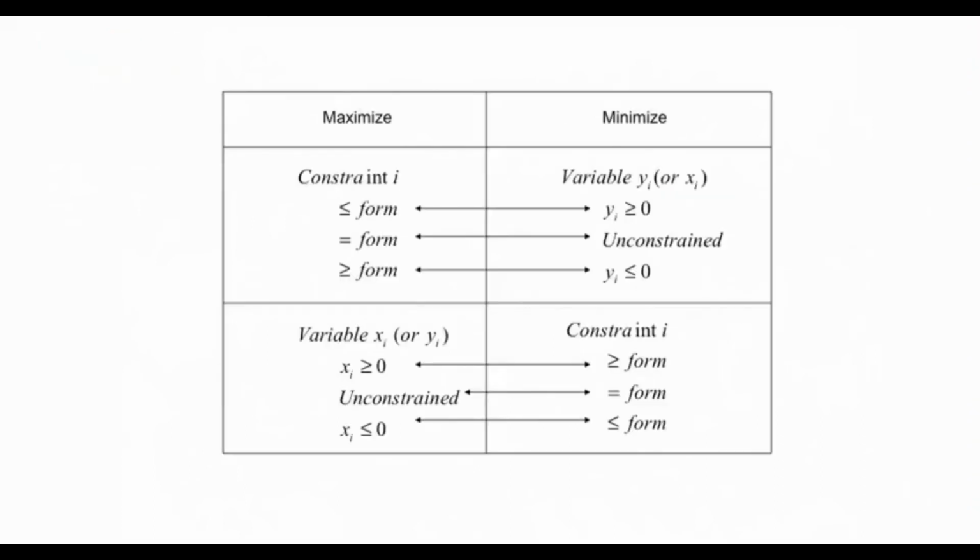So we use this grid to determine the sign restriction on the dual variable. Remember that our primal is a maximization problem, and we need to now look at the constraint that's associated with the dual variable, and that constraint, when we come down in this column, is equal. We head over to the right, and we get unconstrained.